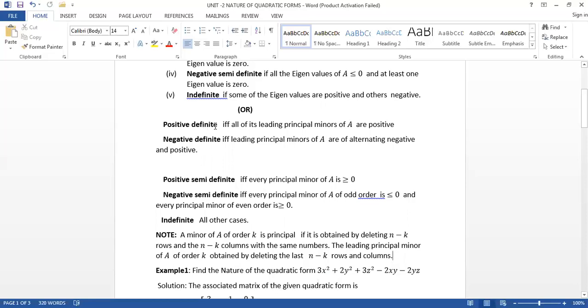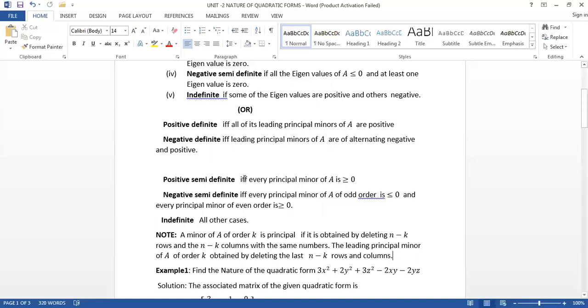For positive definite, all leading principal minors of A are positive. For negative definite, the leading principal minors of A alternate between negative and positive, then it is negative definite.